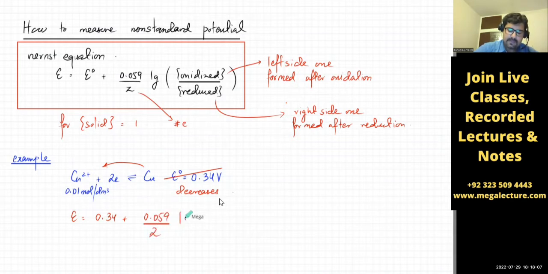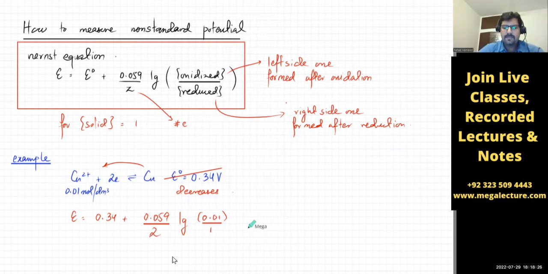Of a log of oxidised species. The oxidised species is the one on the left side. That's 0.01. And a log of the reduced species. The reduced species is a solid, so that's 1. So tell me the answer. What do you get for this?